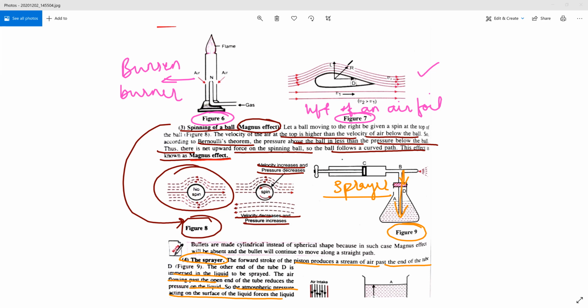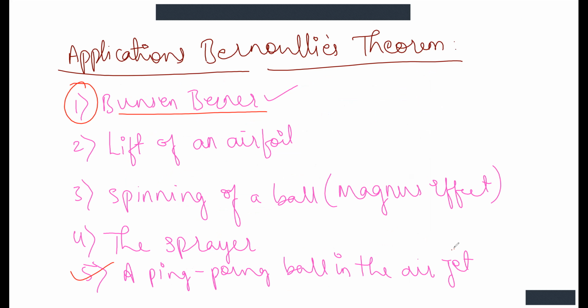And next we shall discuss the next application, that is the fifth one. So that is the fifth one, a ping pong ball in an air jet.